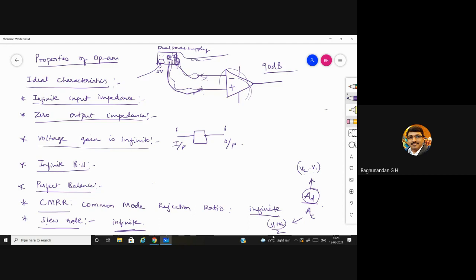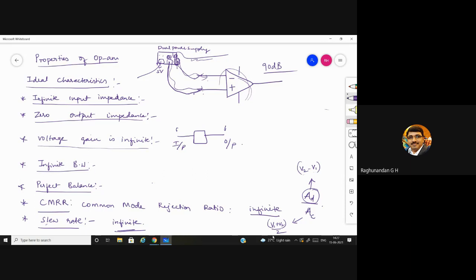Whatever we are using is a normal cathode ray oscilloscope. There are digital CROs also available. Already they might have shown you, at least online, in the circuits lab. So we have digital CROs where you can observe everything that precisely.